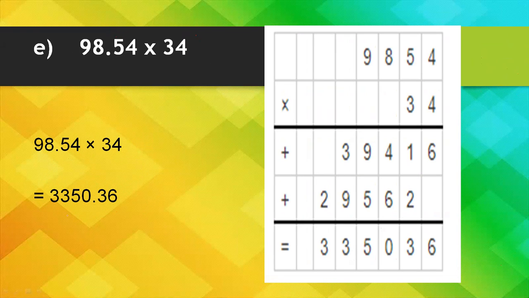Okay. So move on to the E part. What is the problem in E? It's the same. But what happened in it? Look over here. This decimal number is multiplied with the whole number. It's not having any decimal part.